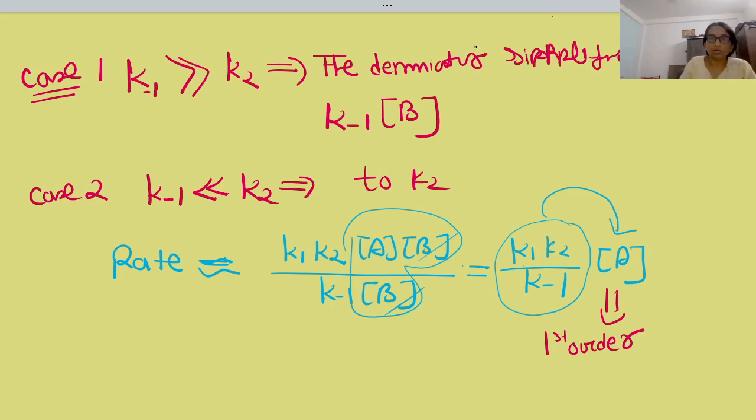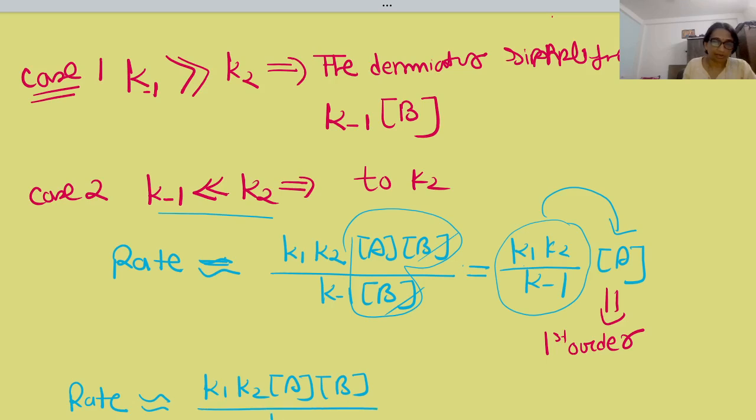Now for case 2, what will be the rate? The rate is approximately K1 K2 [A][B] divided by K2.